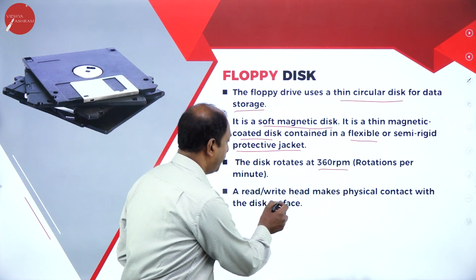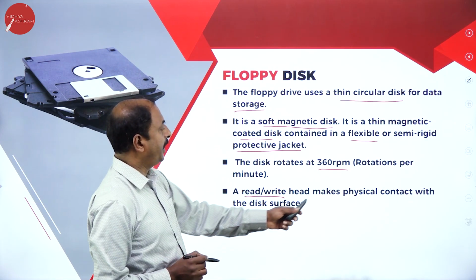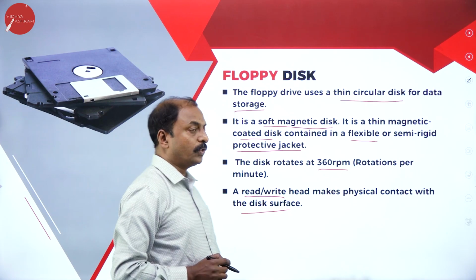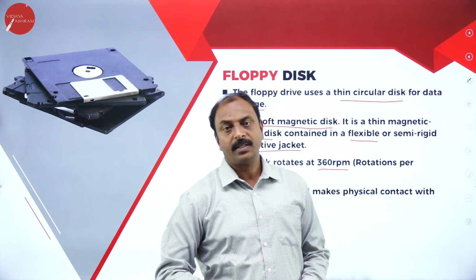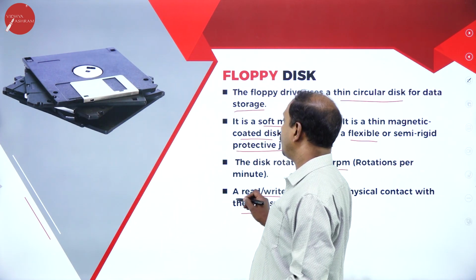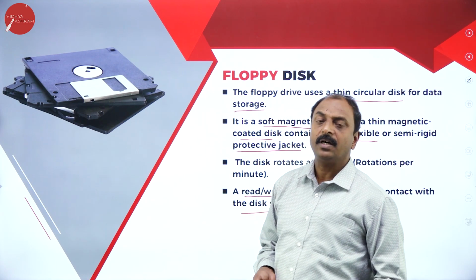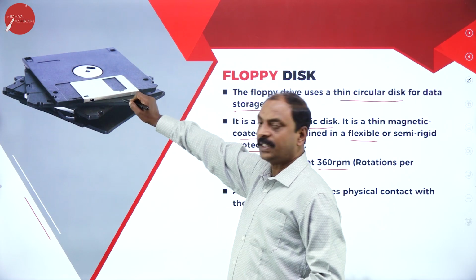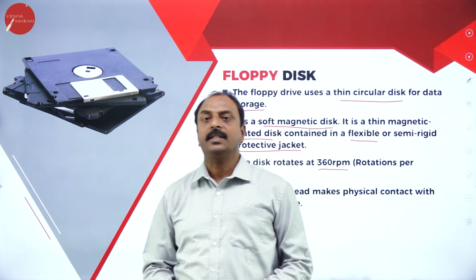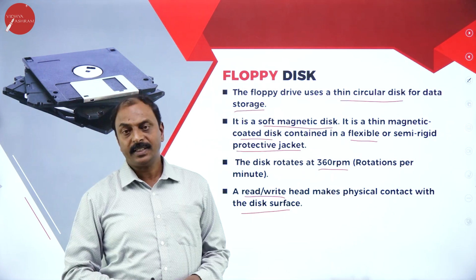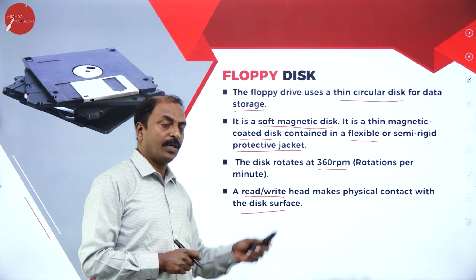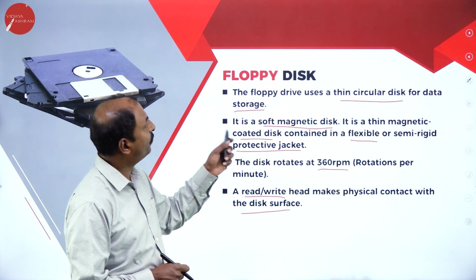The read-write head makes physical contact with the disk surface. The heads move according to the signal or command, and physically touch the disk coated with magnetic material. That is how the reading and writing operations happen in a floppy disk.